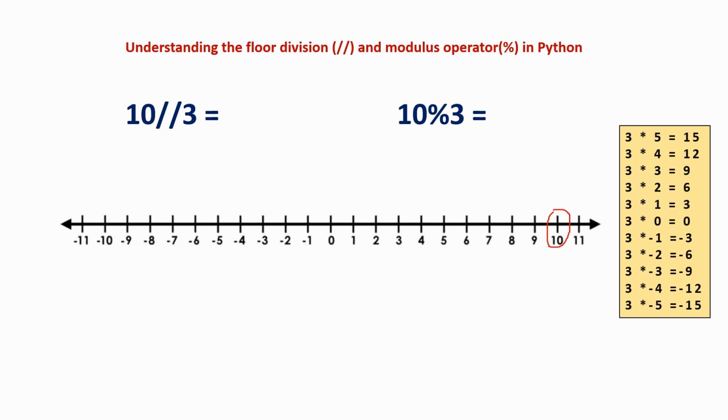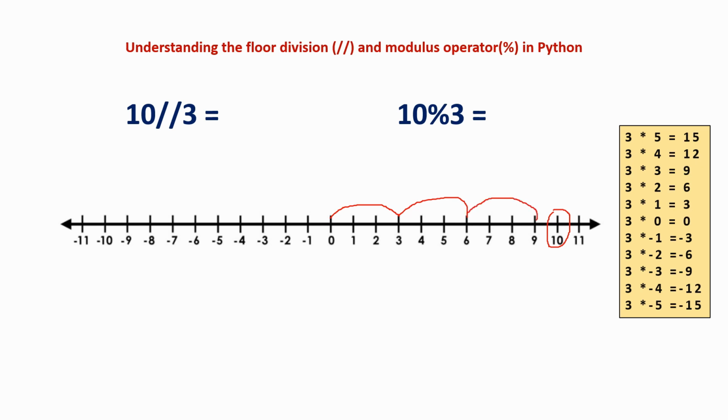That means we start from here. So 3 divisions, I'm going to the positive side. Why? Now 3 has to be multiplied by what to get a value which is just less than 10? This is what I need to find out. So this is one time, then the second time, then this is the third time.